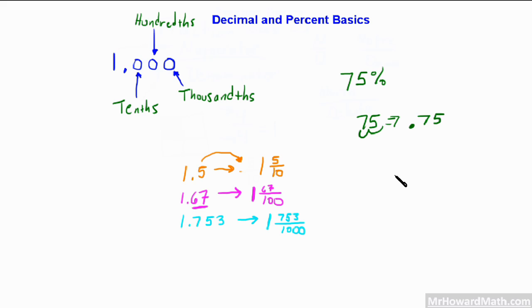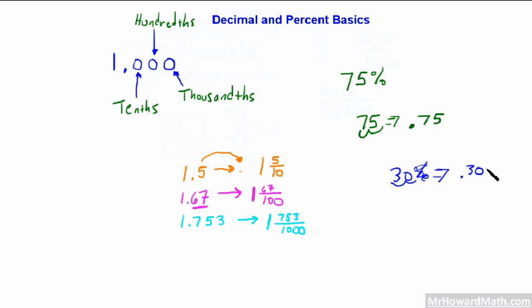Let's say we had 30%, and the way we want to talk about this is actually 30 hundredths. Again, we just move the decimal place 2 places. So 1, 2, we get rid of the percent sign, and we're left with 0.30, or the way we say it, 30 hundredths.